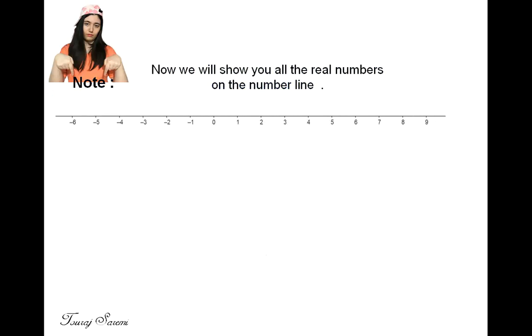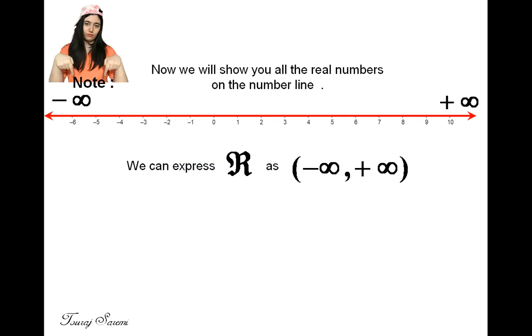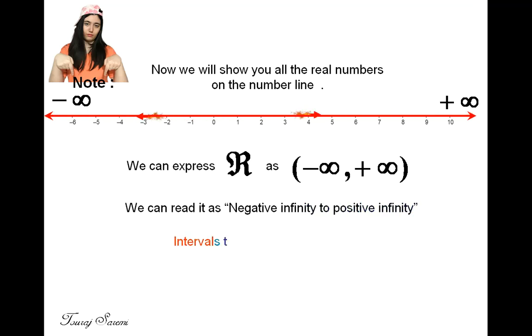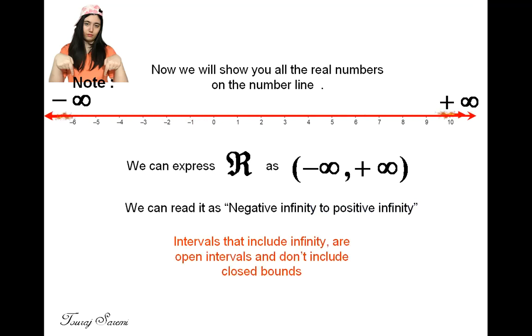Note. Now we will show all the real numbers on the number line. We can express R as, we can read it as negative infinity to positive infinity. Intervals that include infinity are open intervals and don't include closed bounds.